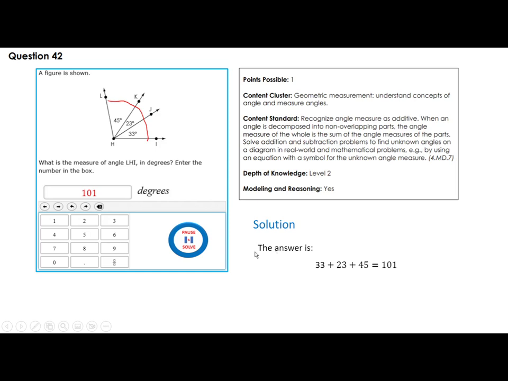If I ask you what is the measure of angle JHI, that's 35. What is the measure of angle KHI? That's 23 plus 33, right? That would be what, 56.